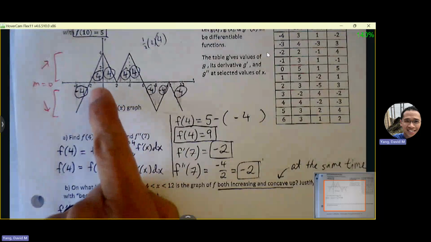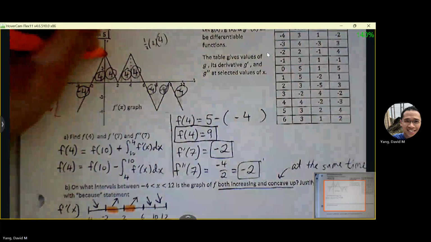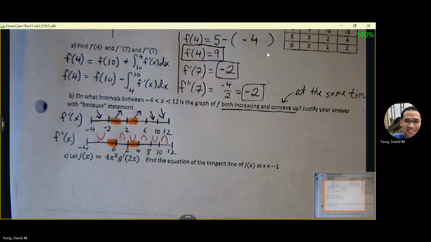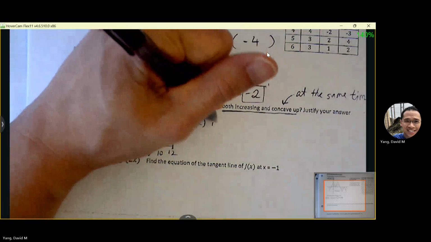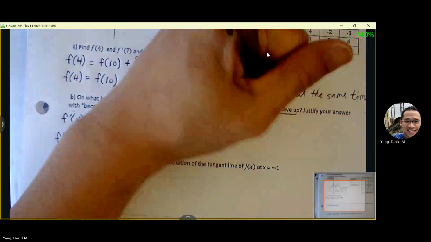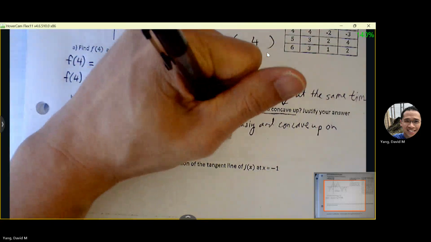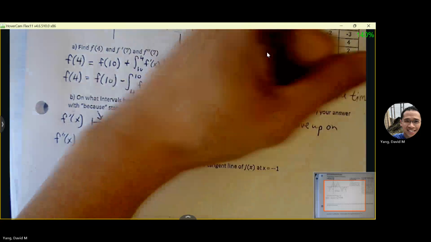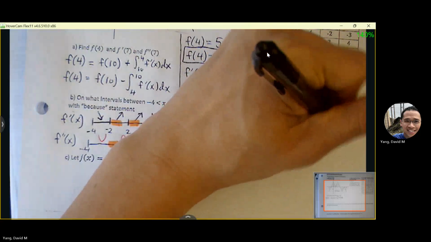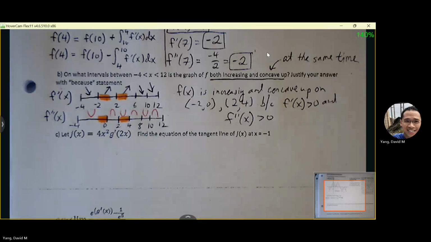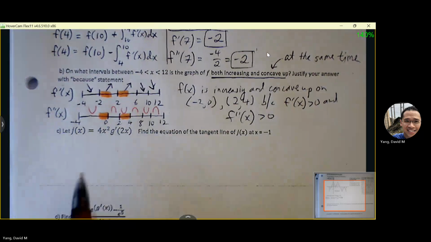So the only place that we see above the x-axis and positive slope is this interval here and this interval here. Any questions with part B?